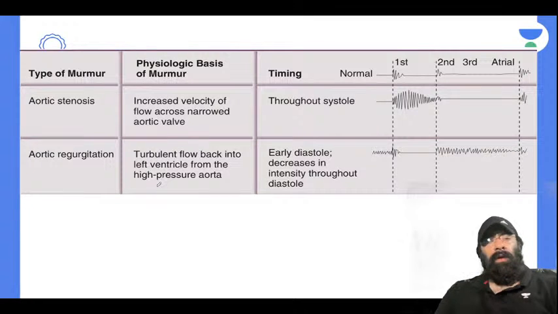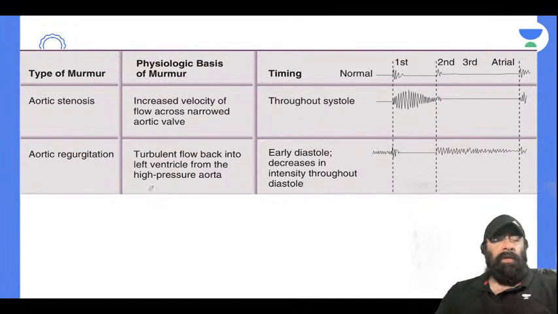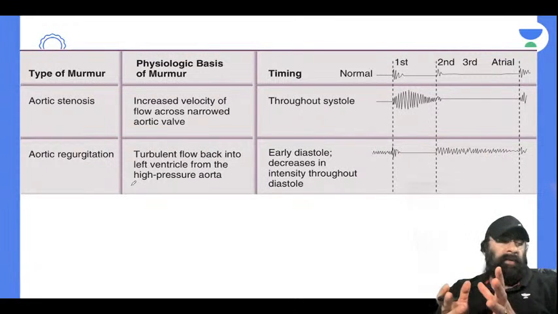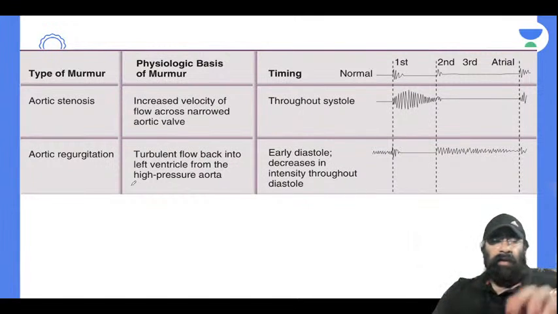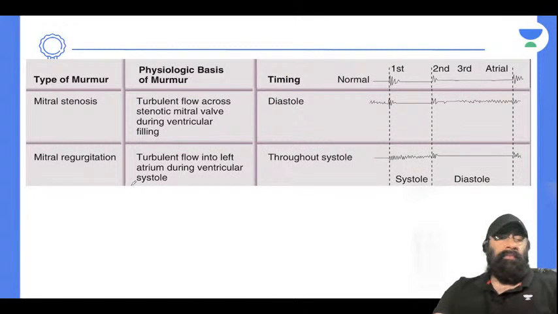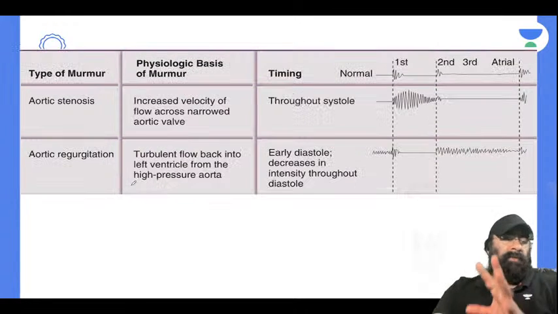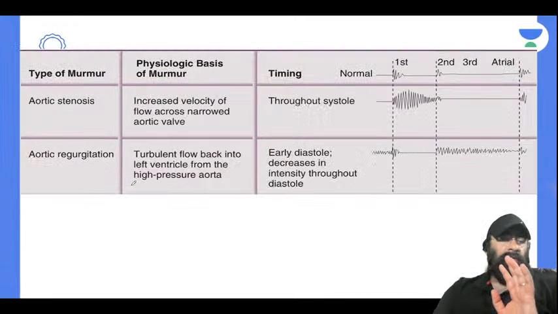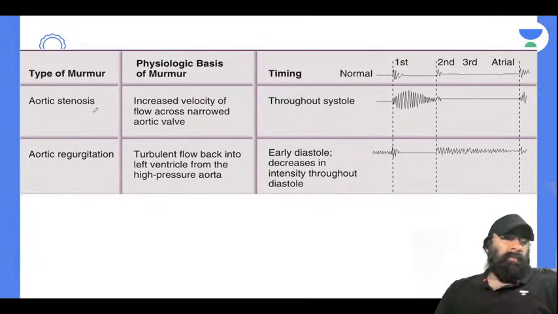So, there are types of murmurs, and in order to understand and remember the types of murmurs, you have to remember what is happening inside the heart and at what phase the murmur will happen. It's a simple factor, and there are these types of murmurs which you need to remember: aortic valve murmurs, mitral valve murmurs. These are the two main valve murmurs, and tricuspid valve murmurs are also important, because these are the more important ones from the exam point of view.